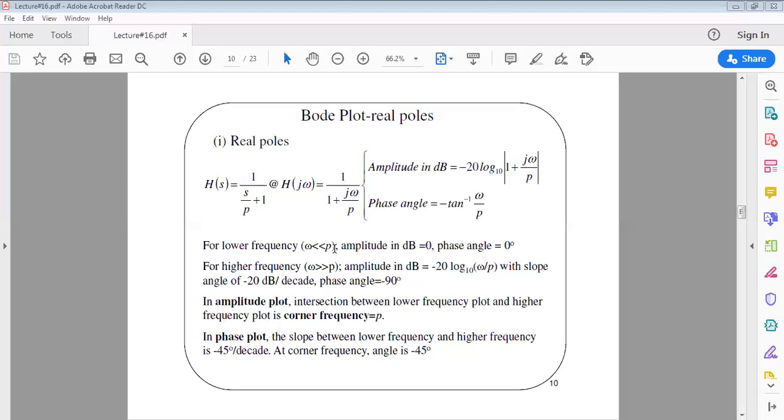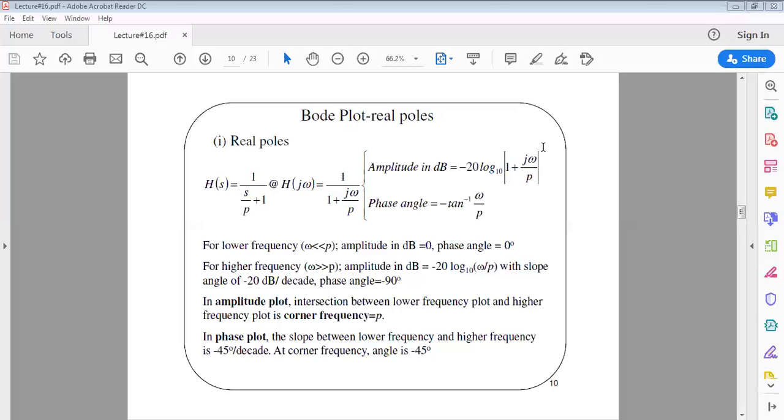The first case for the amplitude plot is for a lower frequency, where omega is much lower than the pole value. So the amplitude will be 0 and the phase angle will be 0. It can be proved from these equations. Imagine that omega is much smaller compared to p.